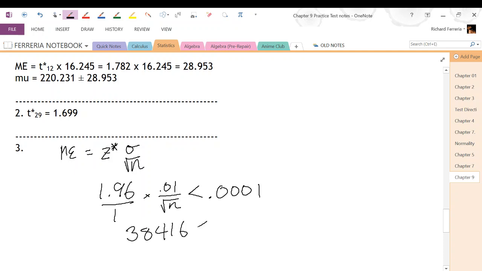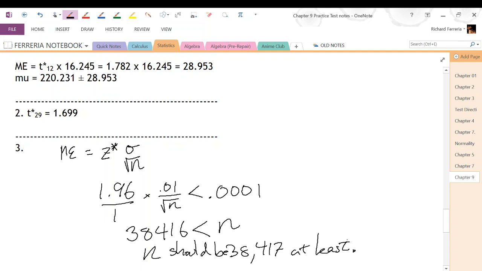So it seems to me that you'd want n to be, the answer in the back is too low than that. It's rounding. Okay, so what are we saying? The answer in the back says 38,414. What did we do wrong? What did we do differently?